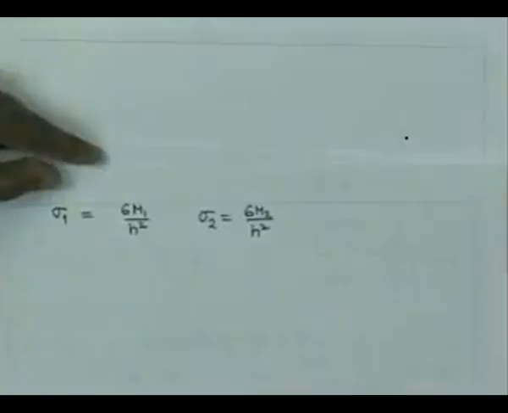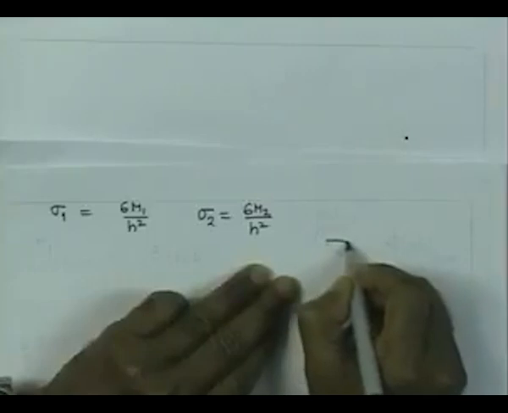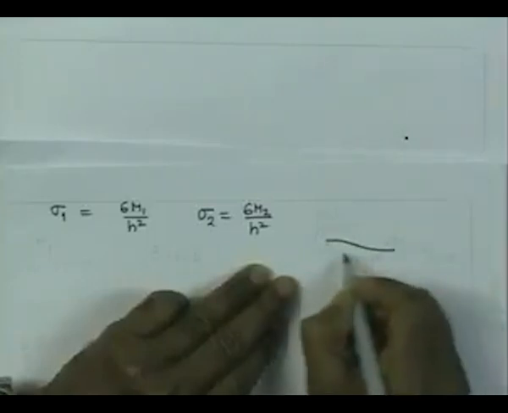h square. So, look at the deformation of the plate again, we are going to get now the bending moment acting like this.